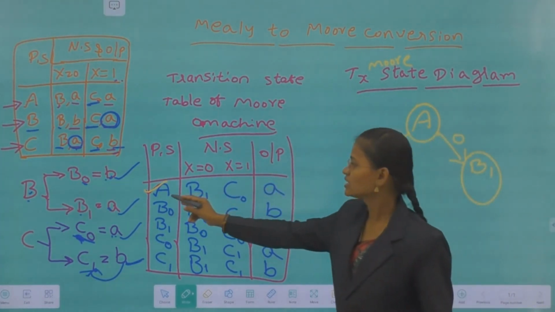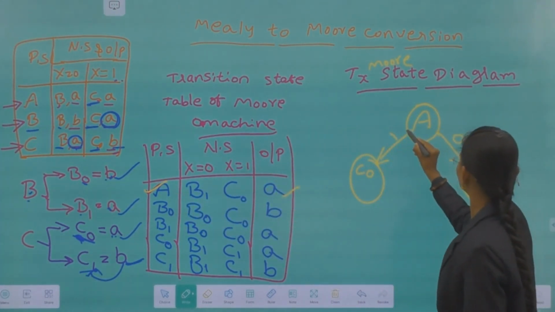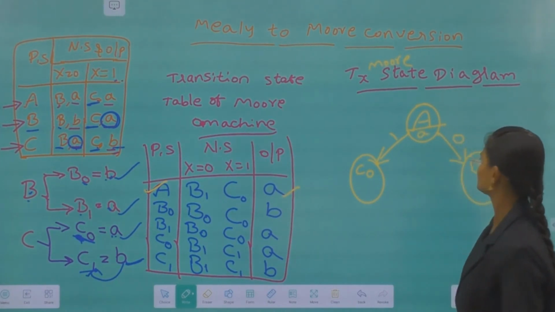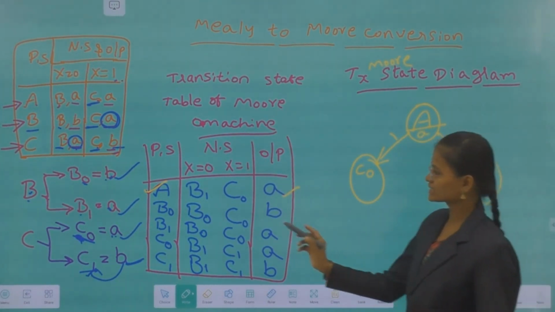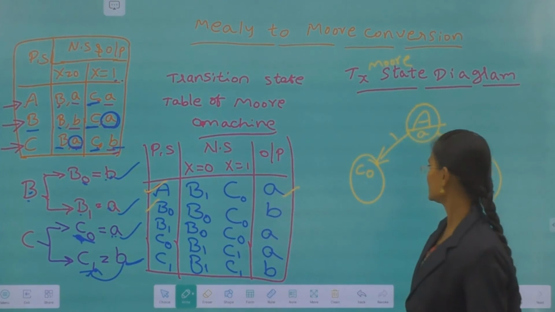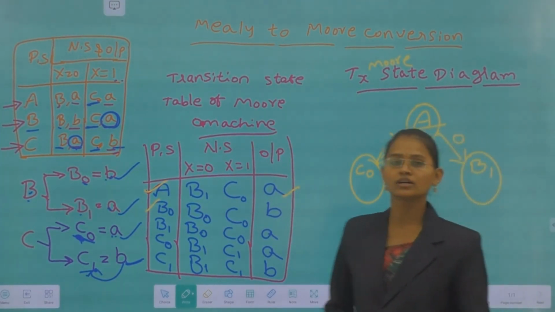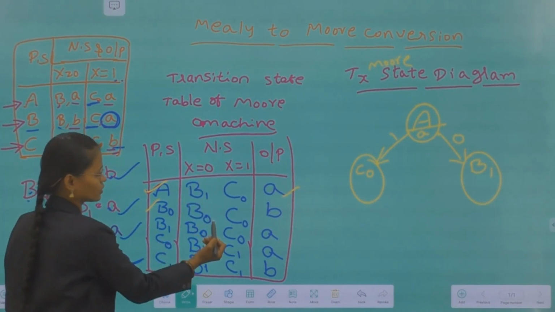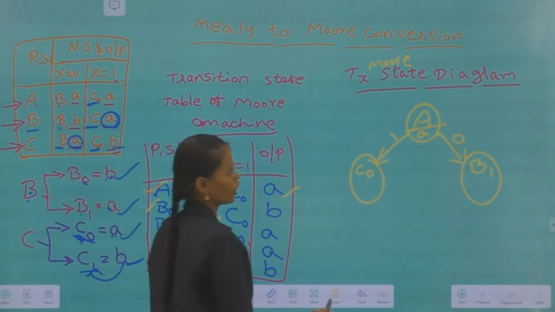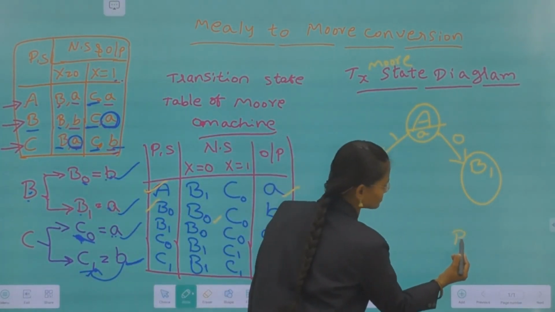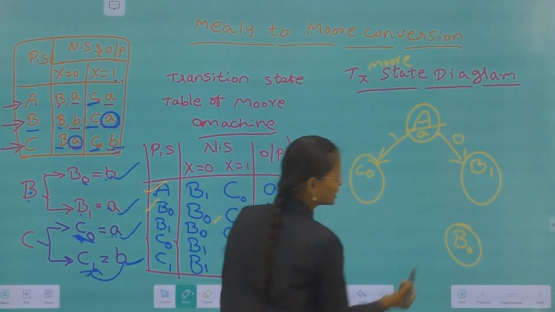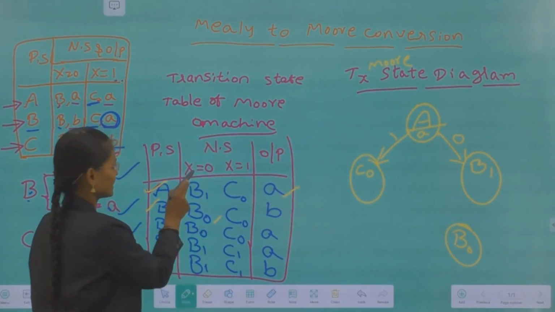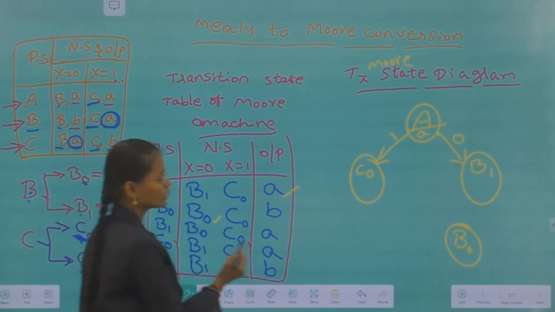In A state, the output is small a. And next, B naught state, present state. Here if x equal to 0, the next state goes to B naught. B naught is there. Here x equal to 0, the next state goes to B naught.